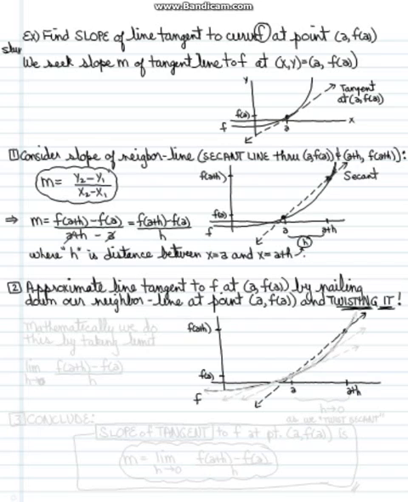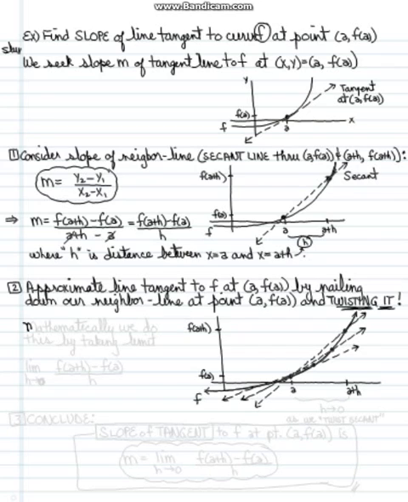Okay, we're going to nail this graph down at the ordered pair a, f of a, and then we're going to twist. As you see, what happens is we twist this secant line nailed down at that ordered pair a, f of a. It's getting closer and closer to becoming the tangent line that touches the graph f only at that single point, a, f of a. So we're approximating the tangent line by twisting this secant line.